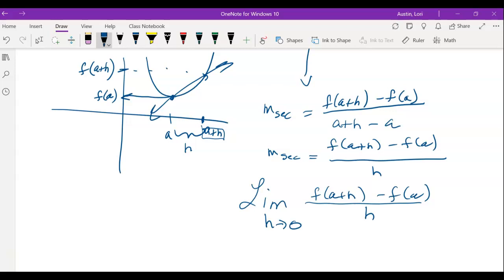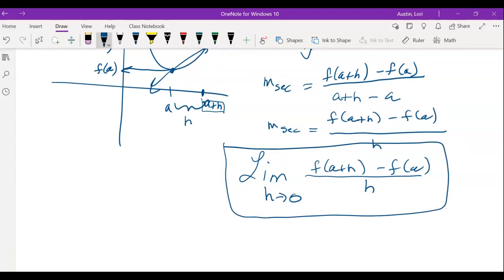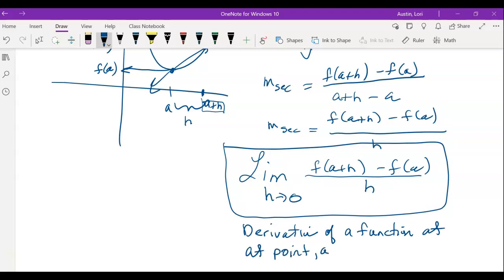This formula right here is the definition of the derivative of a function at a point.